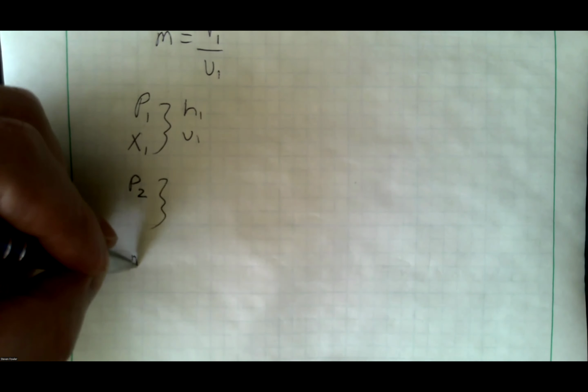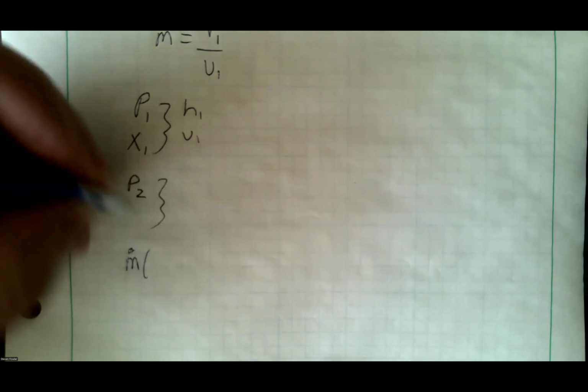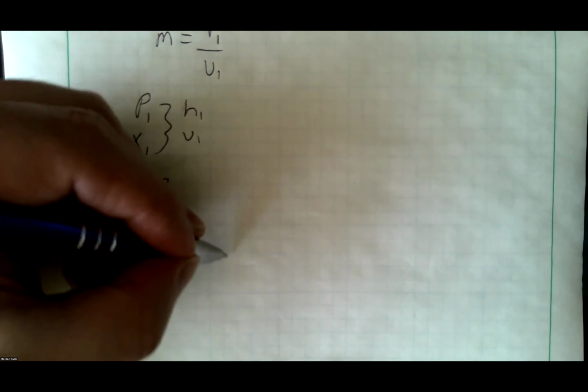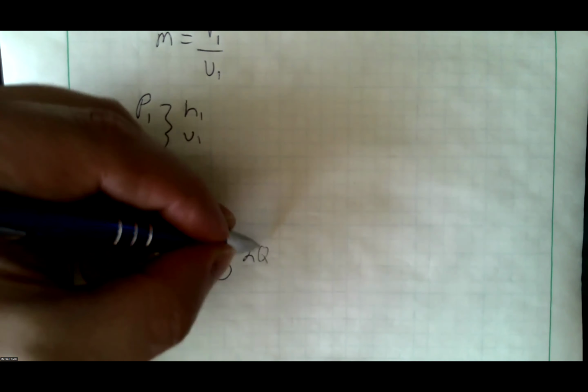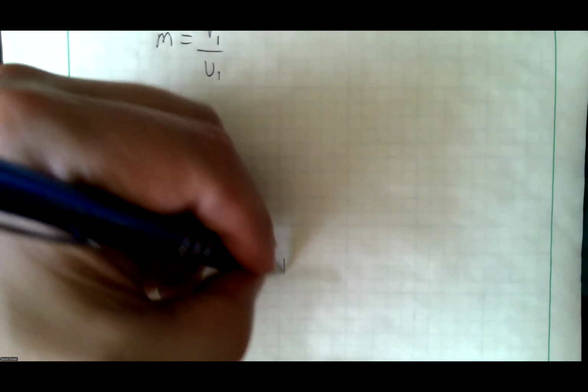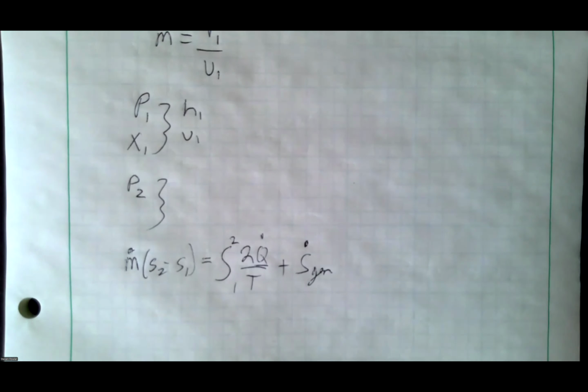It really doesn't matter which form of the second law we use, but we might use the one with the mass flow rate: m dot times little s2 minus little s1 is equal to the integral of dq dot over T from state 1 to state 2, plus the rate at which entropy is being generated, big S gen dot.